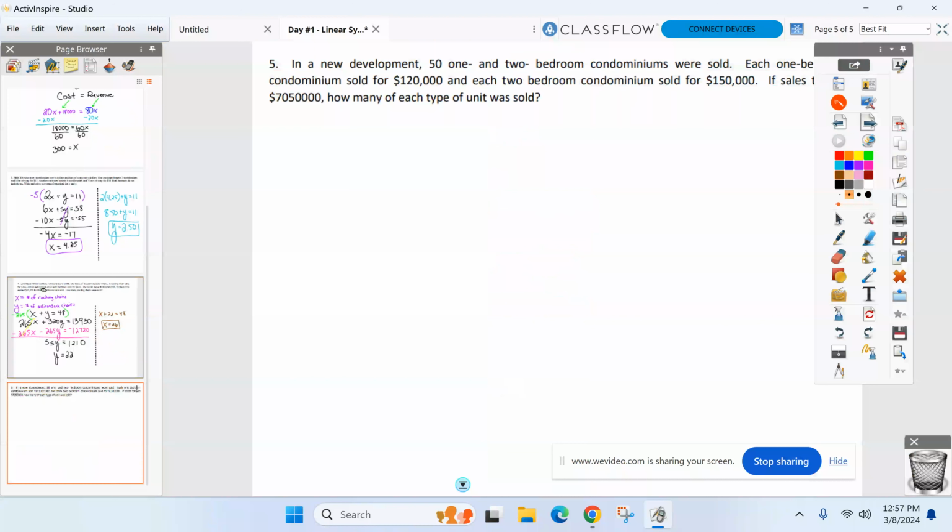And we sold 50 of them total. How many of each unit did we sell? All right, variables real quick. Let's go x equals number of one bedroom, and y equals number of two bedroom.